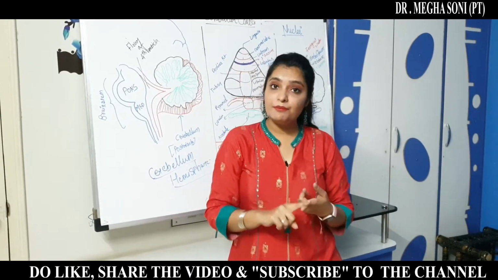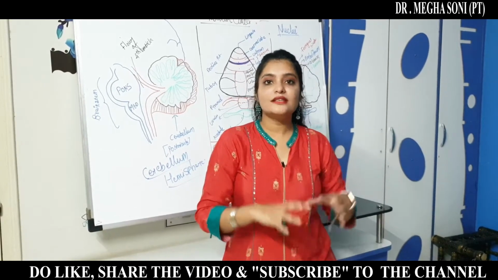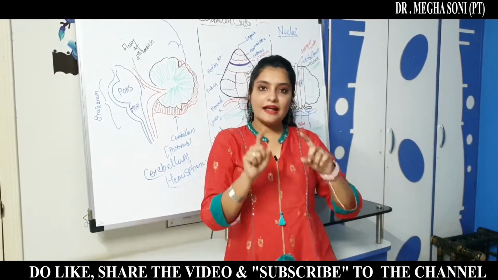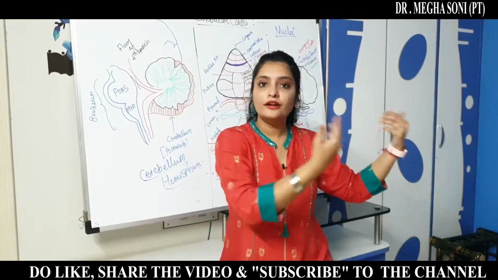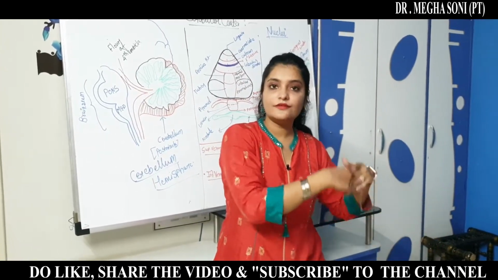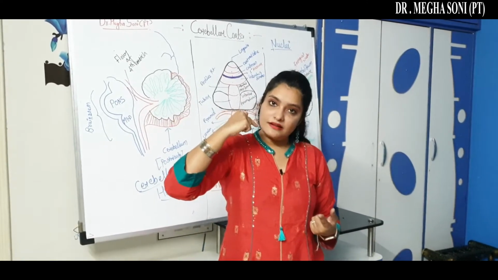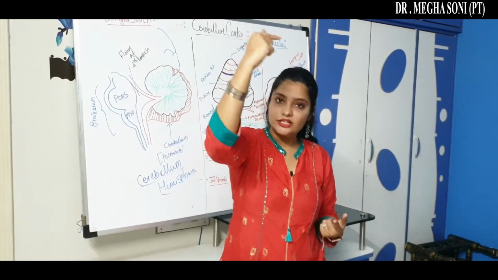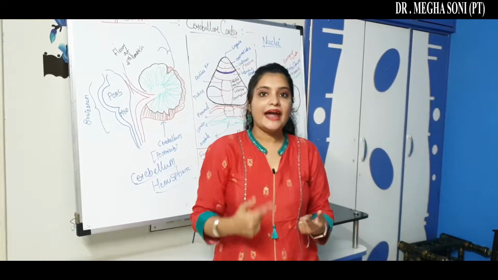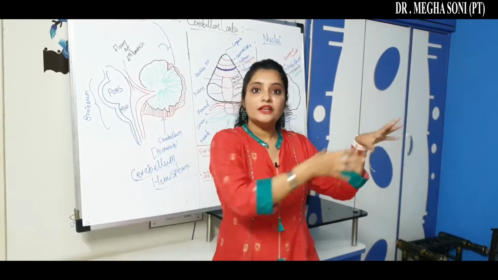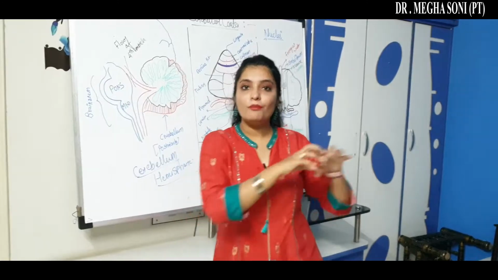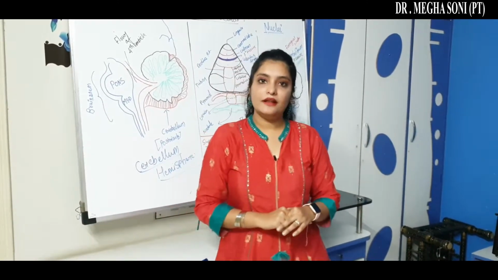So it is very important to remember this, because this point is helpful for our next lecture, the circuit of the cerebellar cortex: the Purkinje fiber sends signals from the cerebellar cortex to other parts of the CNS, and mossy and climbing fibers just carry the signal from the periphery to the cerebellar cortex.